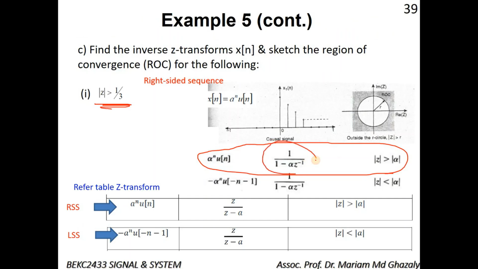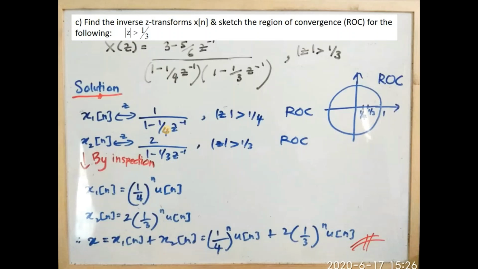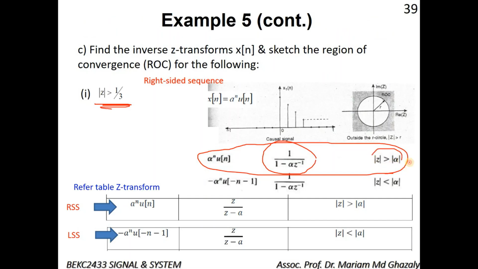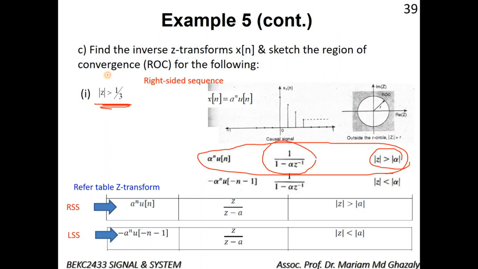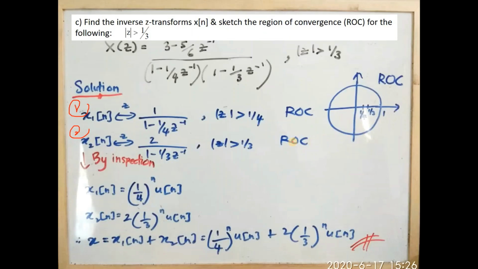You get the equation 1 over 1 minus 1 over 4 z inverse with the ROC |z| more than alpha, |z| more than 1 over 4 for the first equation. For X2, you get 2 over 1 minus 1 over 3 z inverse, where the ROC is |z| more than 1 over 3, because just now you were taking the equation |z| more than 1 over 3.